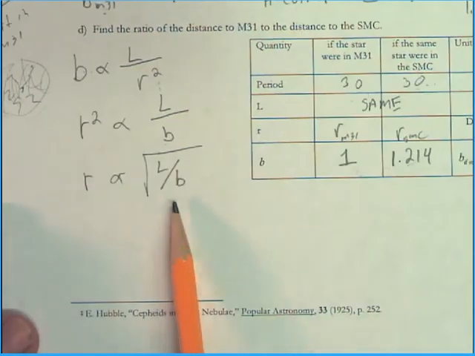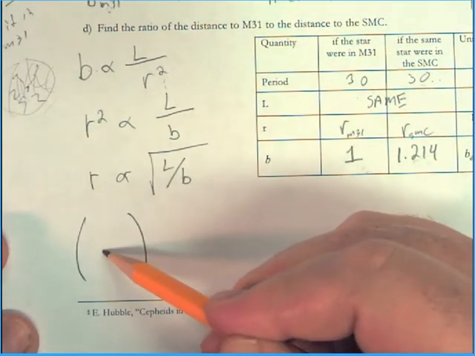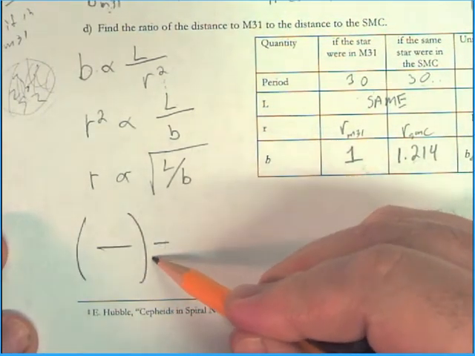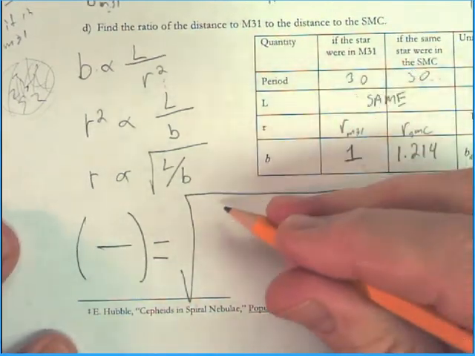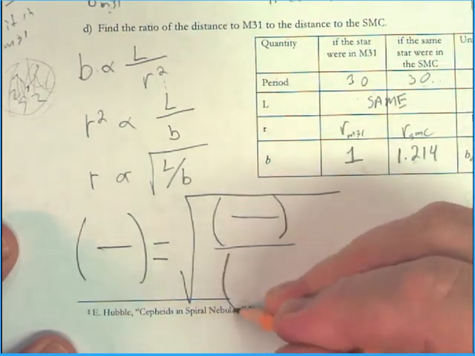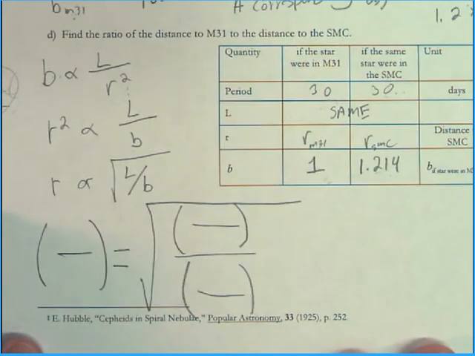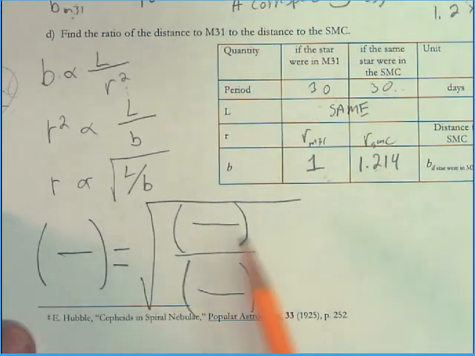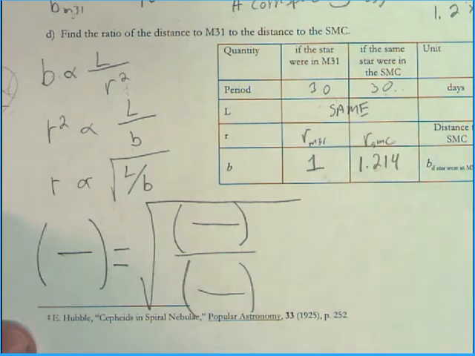Now that we've gotten this, we can then say the ratio of two distances is equal to the square root of the ratio of two luminosities divided by the ratio of two brightnesses. So we're looking for the ratio distance from there to there.